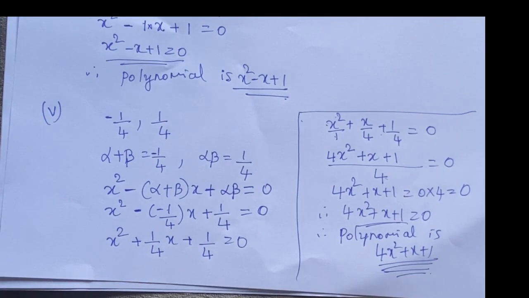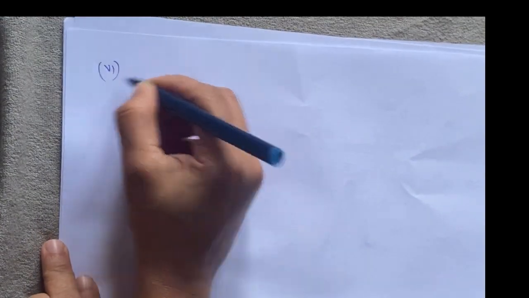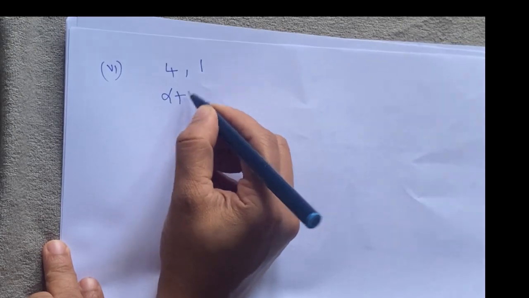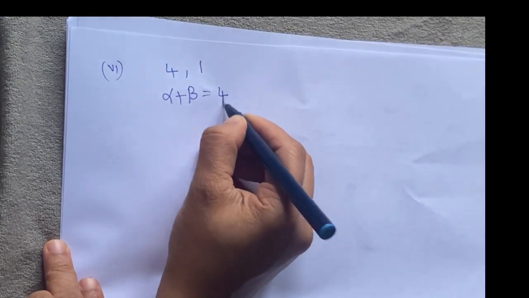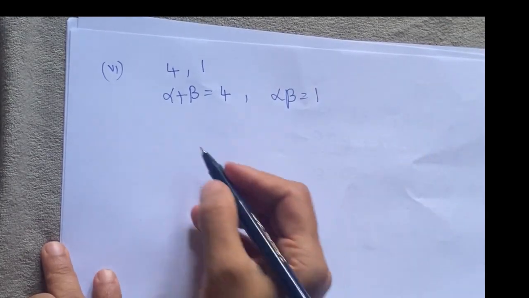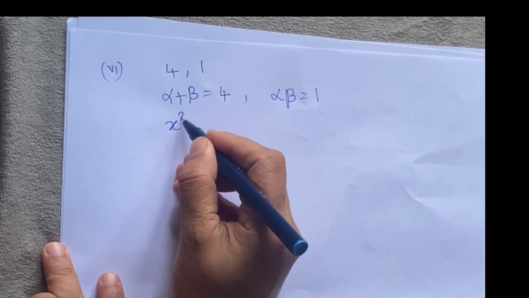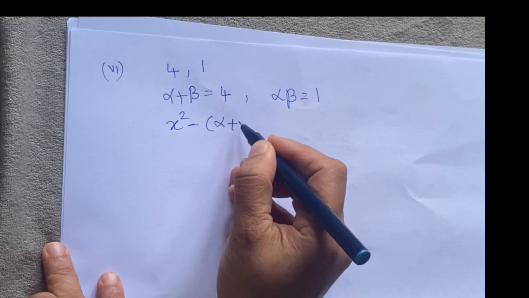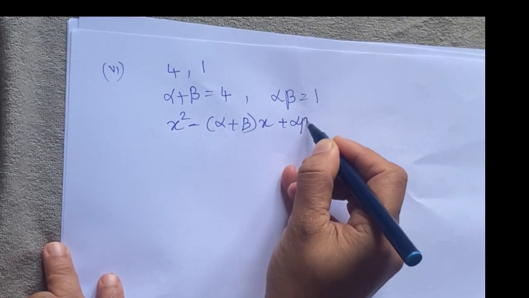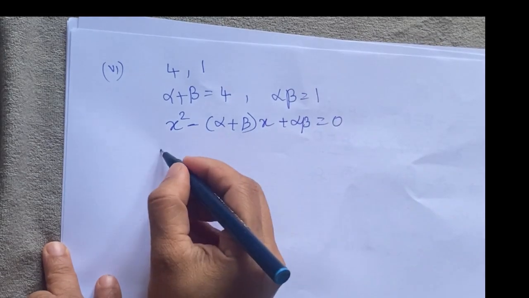Last one is the sixth one. 4, 1 are given. The sum of the zeros, alpha plus beta, is 4. The product of the zeros, alpha into beta, is 1. The equation in terms of alpha and beta is x square minus alpha plus beta into x plus alpha beta is equal to 0.